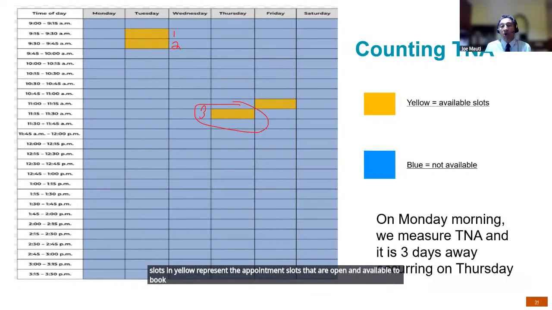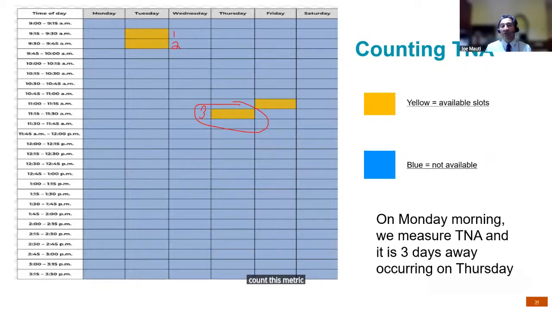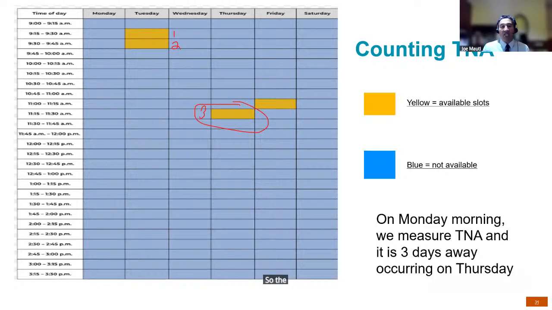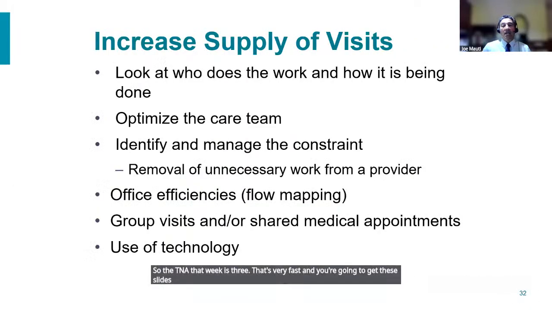On Monday morning, the person responsible for counting this metric, and it's important that you always count it every week on the same day, same time, looks for the third next available. It occurs on Thursday. Thursday is 3 days away from Monday. So the TNA that week is 3. That's very fast, and you're going to get these slides later, so hopefully you can track that yourself.